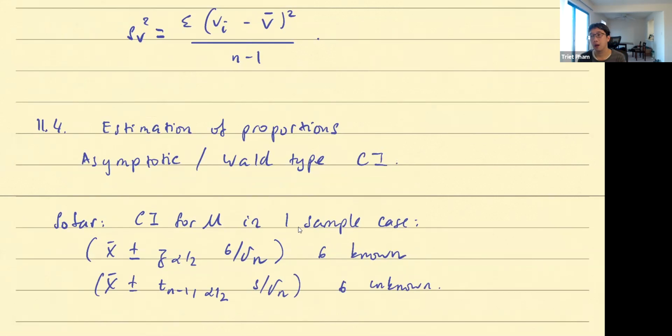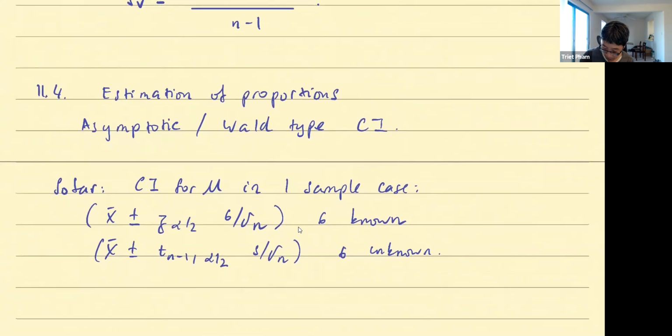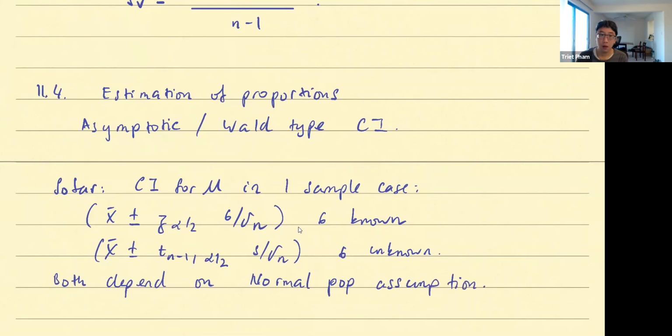Now, what do these constructions depend on? They both depend on the normal population assumption. In other words, I must give you X_1 up to X_n, IID normal mu, sigma squared to begin with.